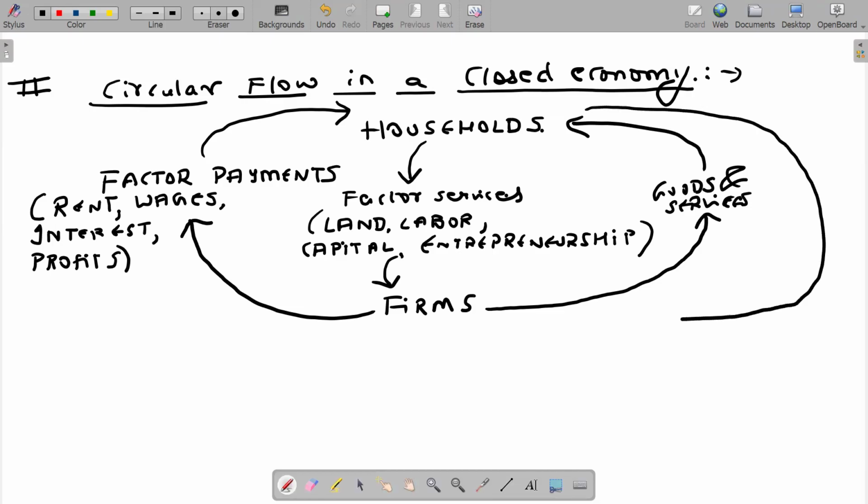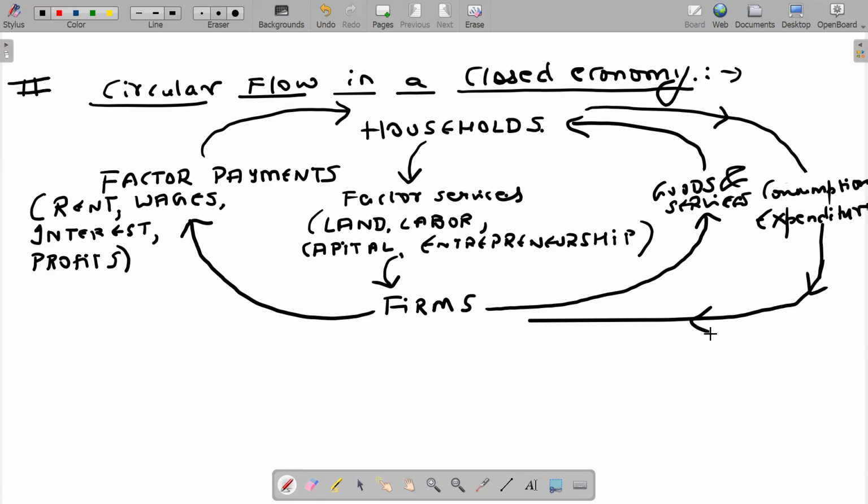They buy from the firms. That means this is consumption expenditure here, which comes in between. Let me write it more clearly so that students can properly see this: households make consumption expenditure on the goods and services bought from the firms.